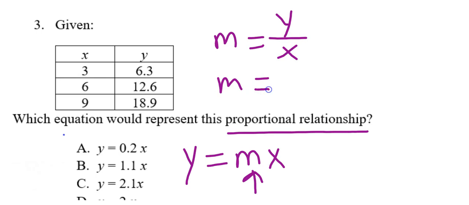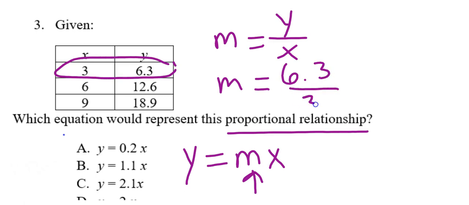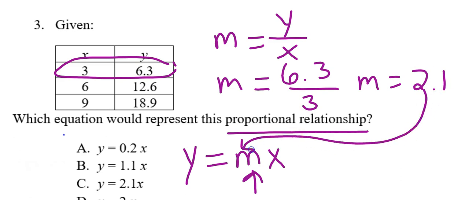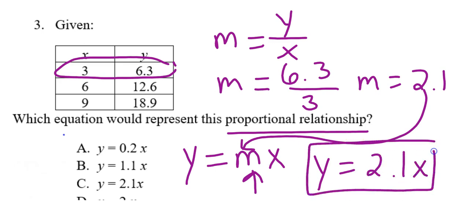So I can pick any of the values from the table. So I could take the 6.3, divide it by 3, and m is going to be equal to 2.1. I then plug m into the equation, y equals 2.1x. So my answer is C.